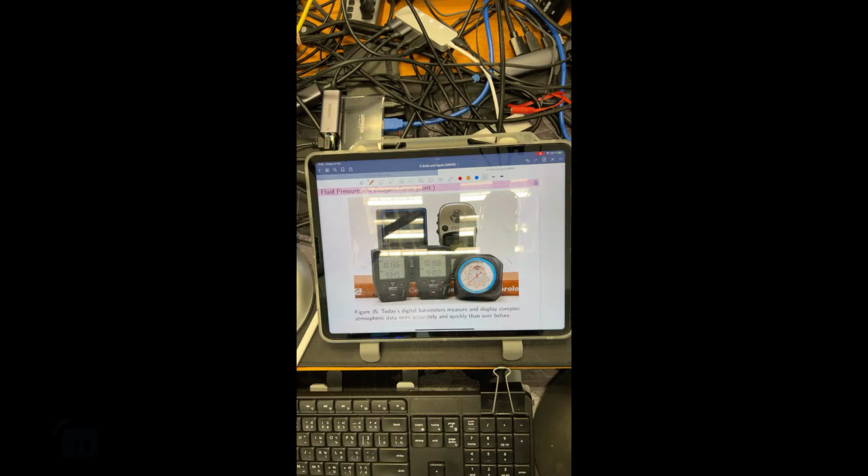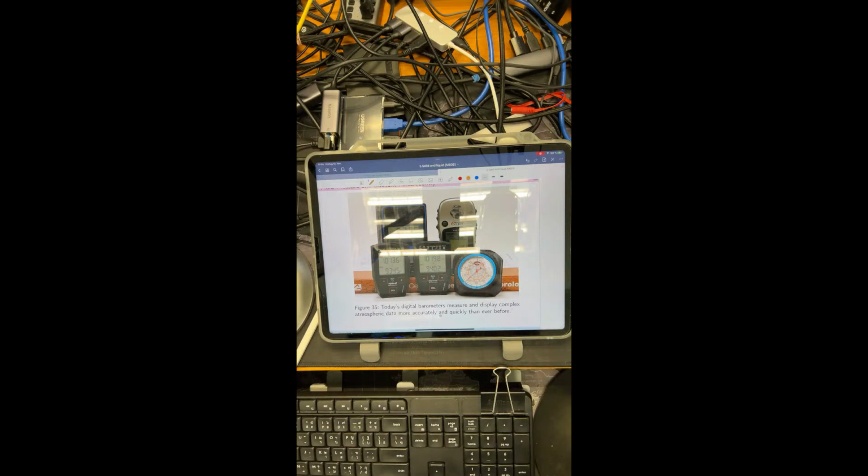And without any exception, the barometer has been transformed into a digital version like this. We have several digits like this, and it can display complex atmospheric data more accurately and quickly than ever before.